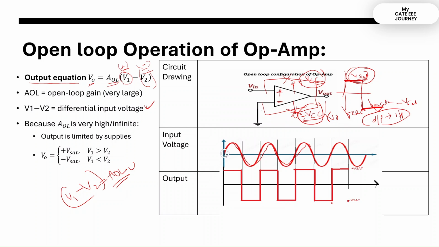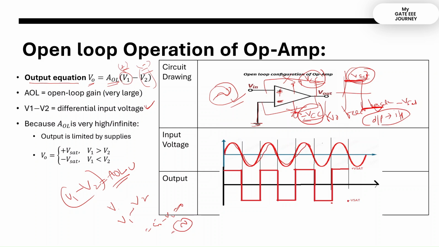Here you see input voltage to this particular operational amplifier. What we have done here, negative terminal we grounded, we are giving voltage to positive terminal, means V1 minus V2, V1 is sinusoidal, V2 is equal to 0, so you are giving only sinusoidal.